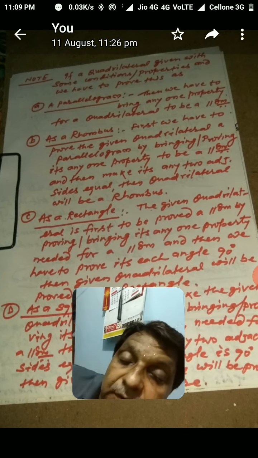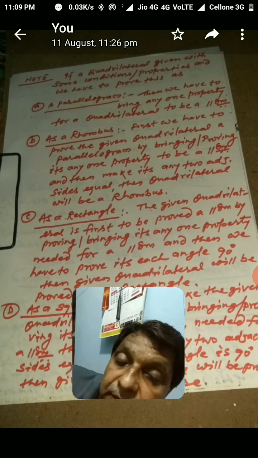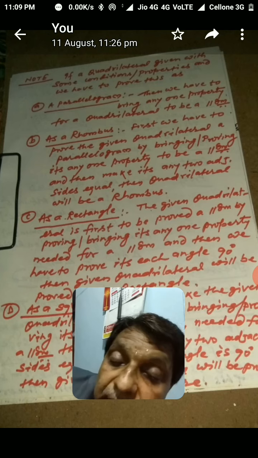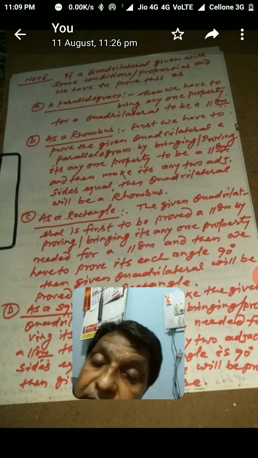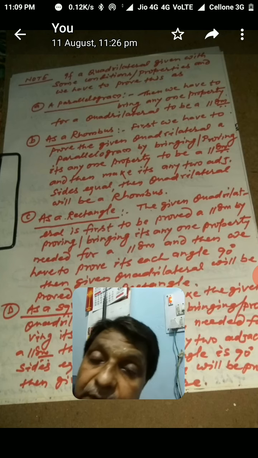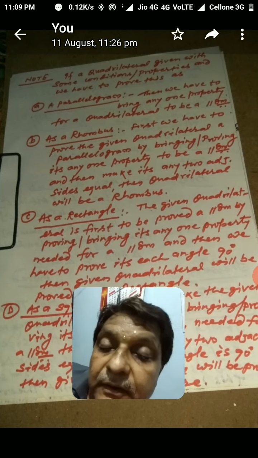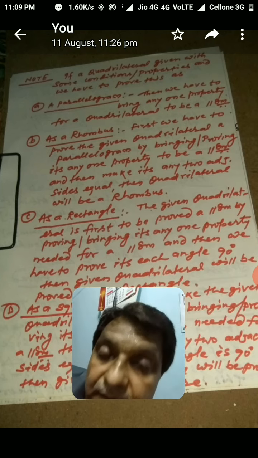If we prove these two steps, that the given quadrilateral is a parallelogram whose each angle is 90 degrees, then on the basis of these two results we can state that the given quadrilateral is a rectangle.